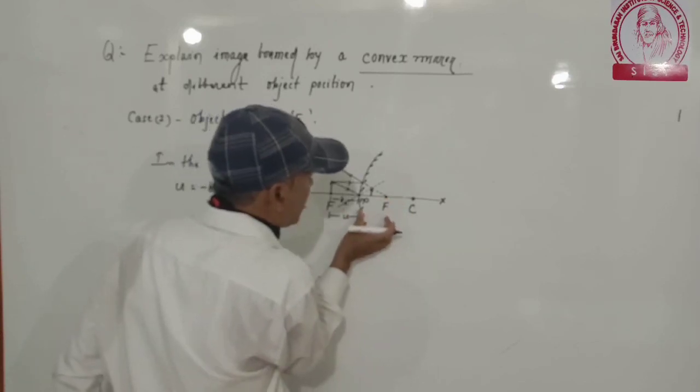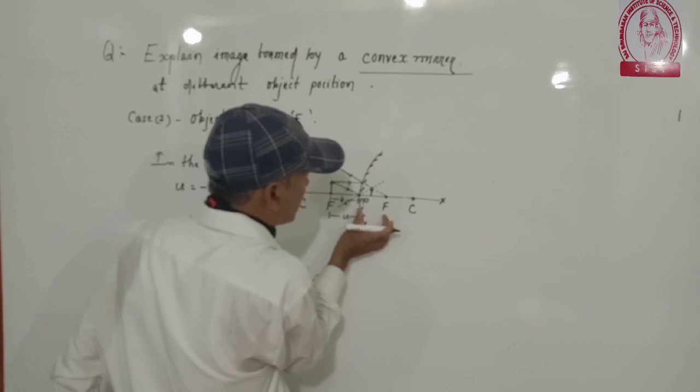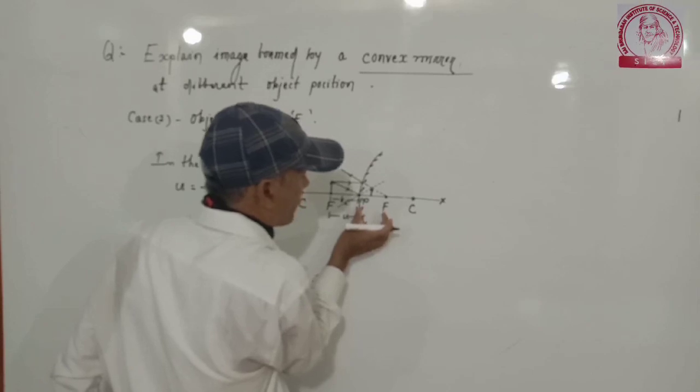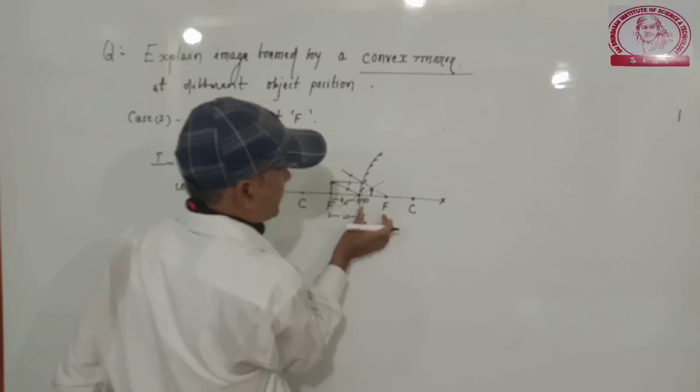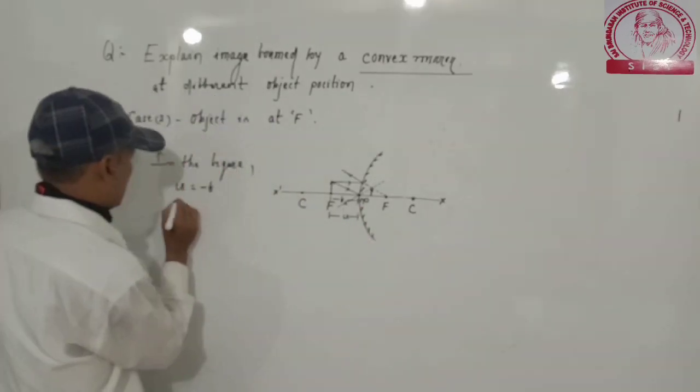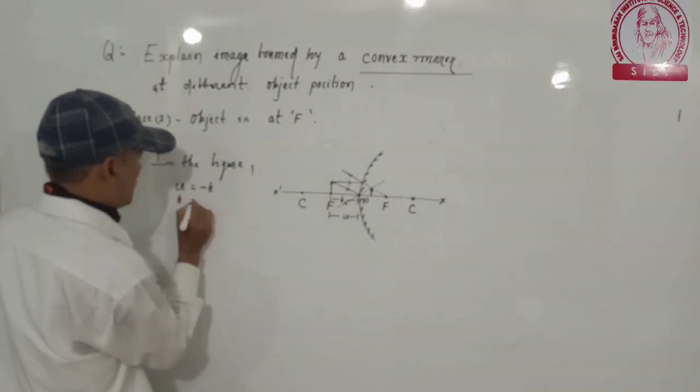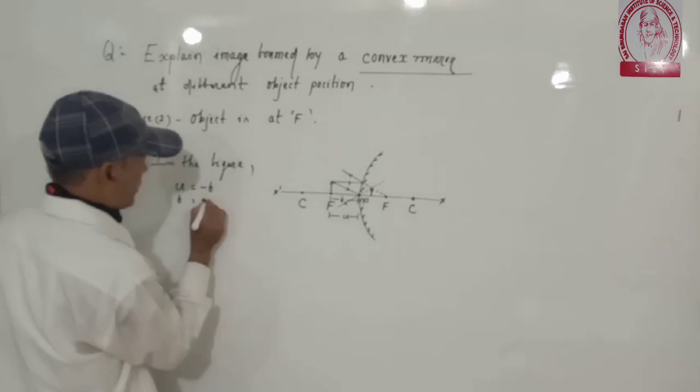So here the focal length is positive. F is equal to positive.